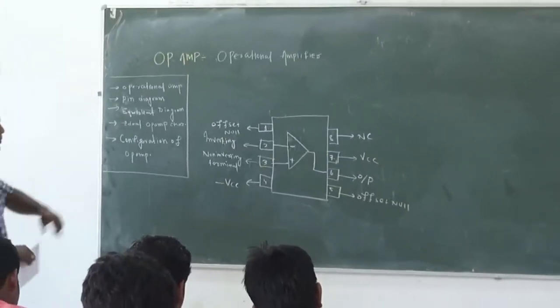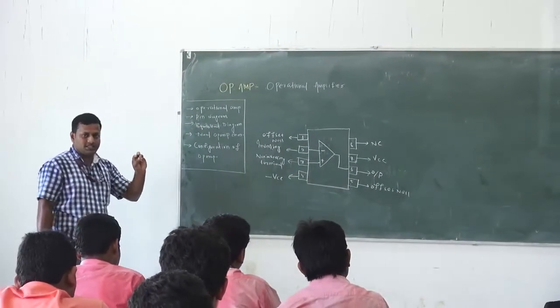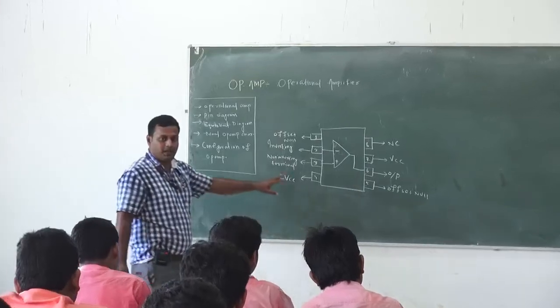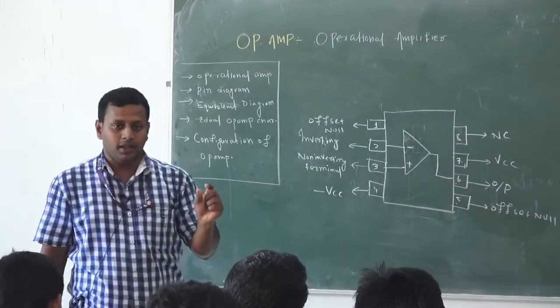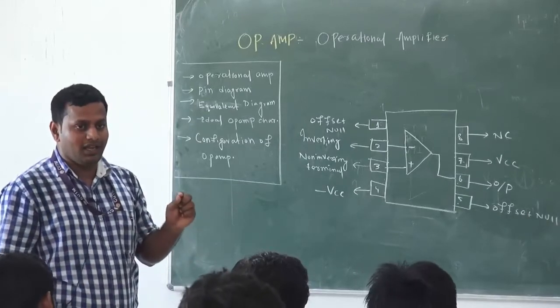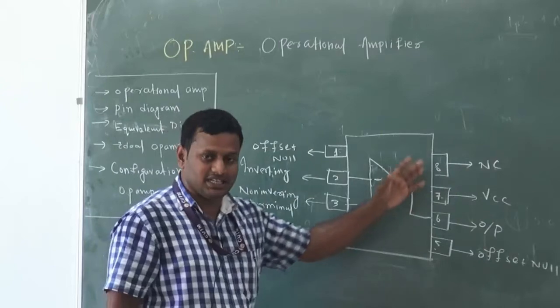I am coming to this point, the pin diagram of an op-amp. Any op-amp available in the market is the 741 DIP, that is, the dual in-line package. It has 8 pins: 1, 2, 3, 4, 5, 6, 7, 8.